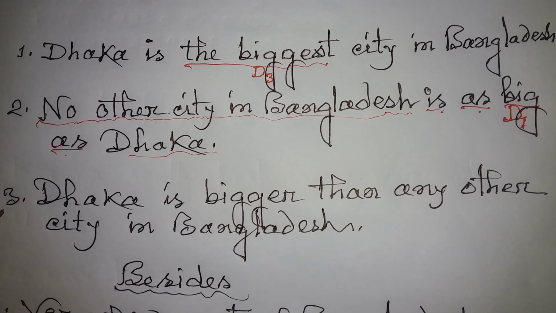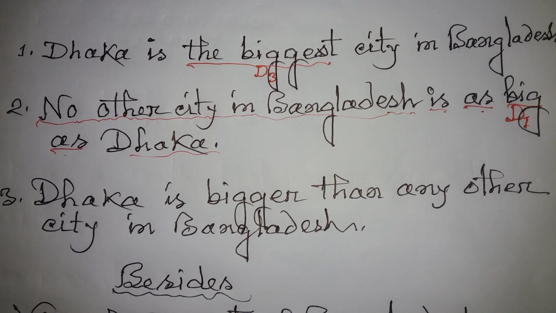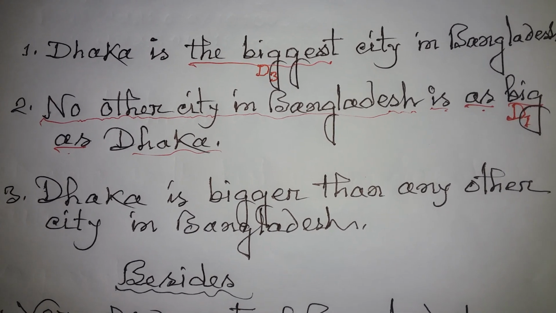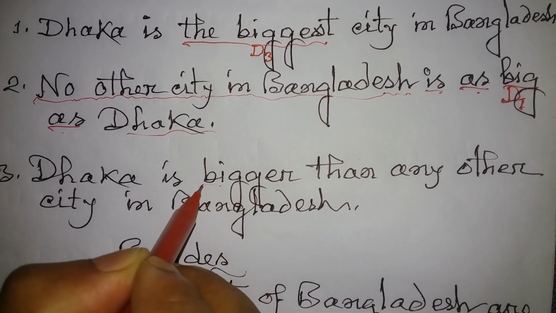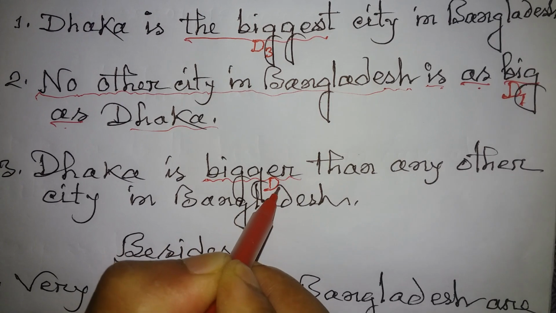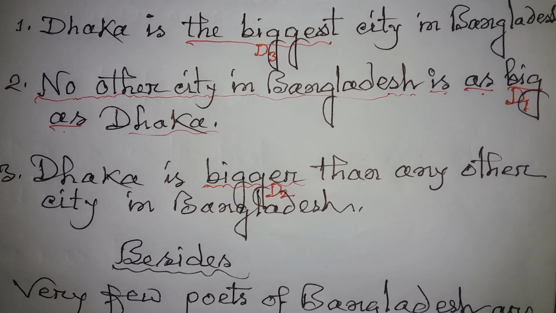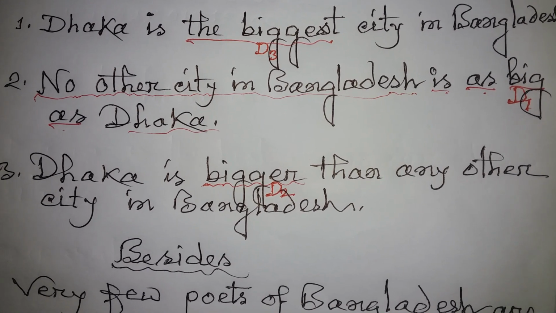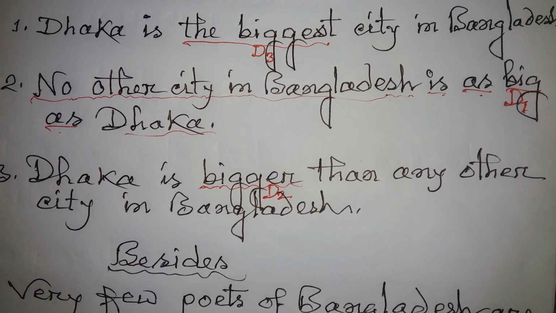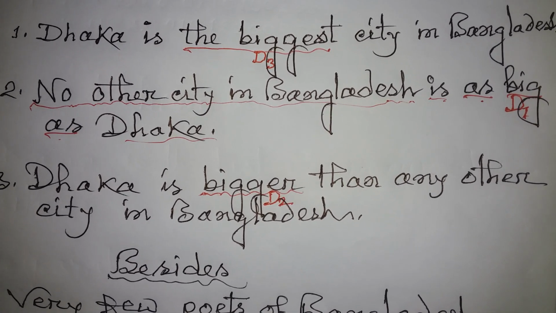And number 3, Dhaka is bigger than any other city in Bangladesh. Here we can see there is bigger. Bigger is an adjective of comparative degree. Bigger is formed from big.